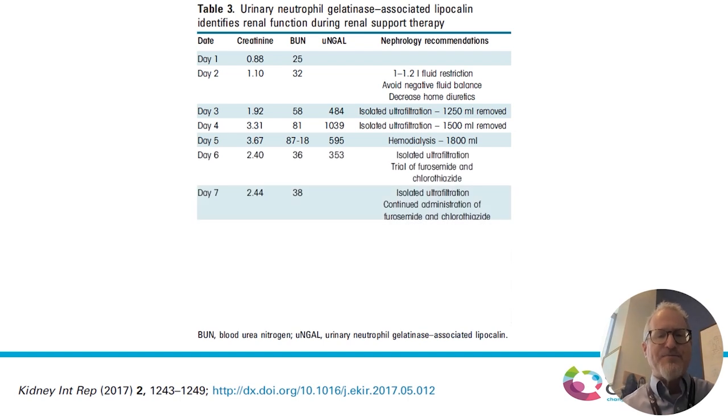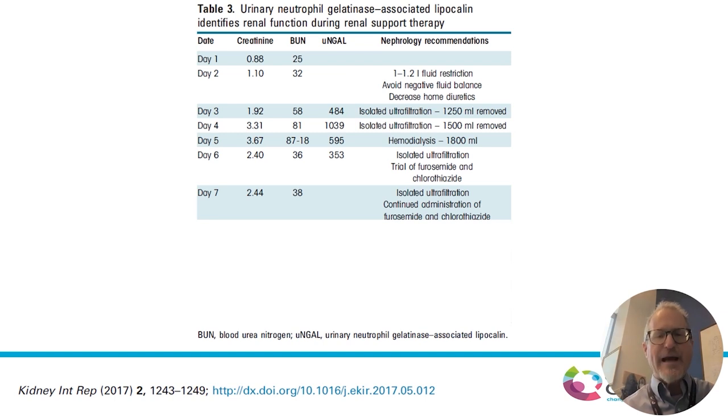On day 6, creatinine was 2.4 and BUN had decreased, but again, that BUN had increased from the day before, and the creatinine was low because of dialysis, but we now see his NGAL is starting to decrease. This gave us confidence that we could do ultrafiltration, but also start diuretics with furosemide and chlorothiazide.